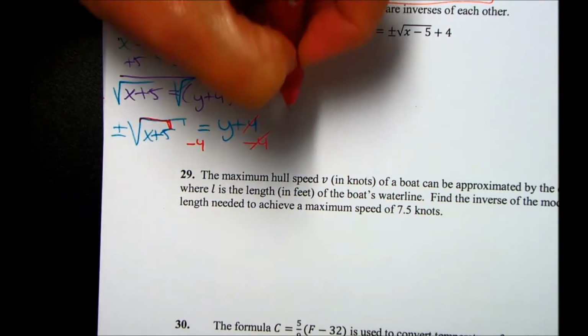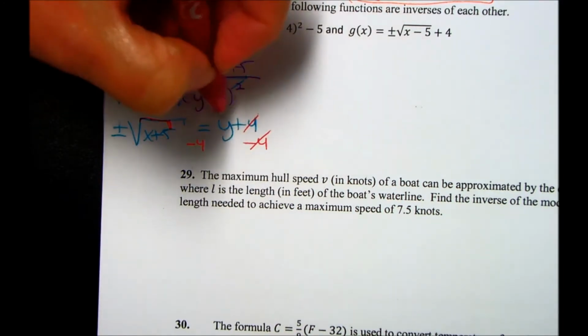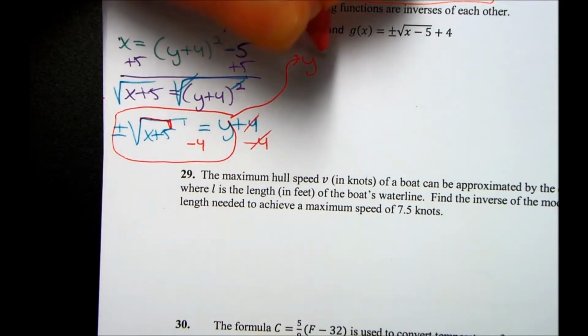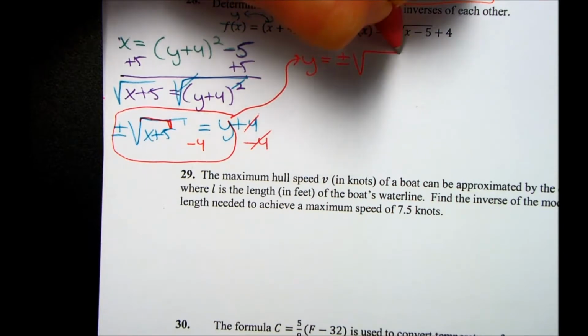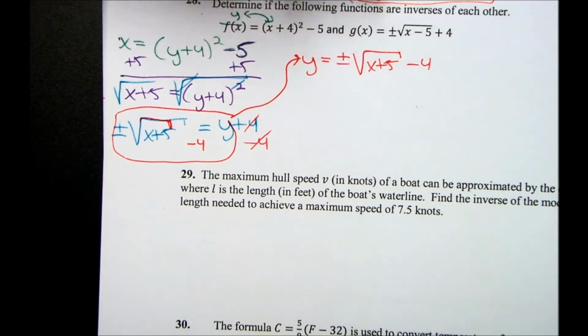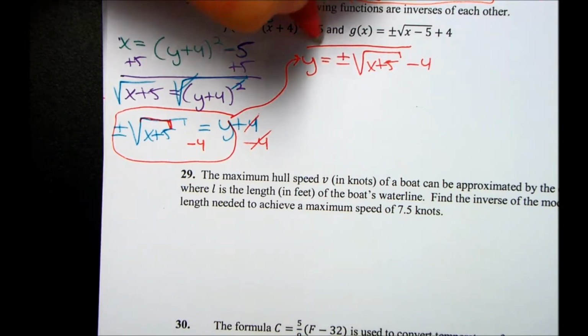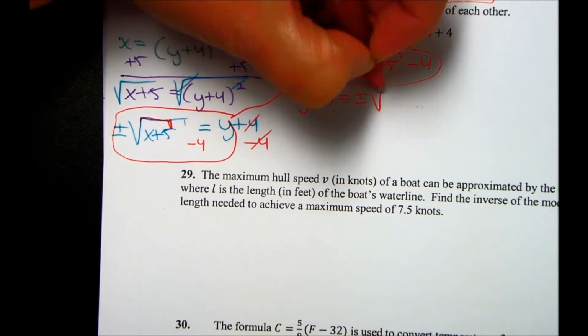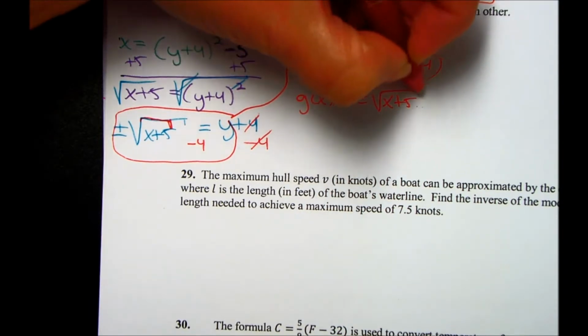So if I take all of this and rewrite it up here, I would get y equals plus or minus the square root of x plus 5 minus 4. So this would be the inverse function. Or if I said g of x equals plus or minus the square root of x plus 5 minus 4.